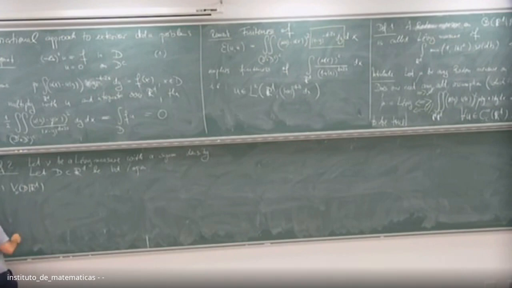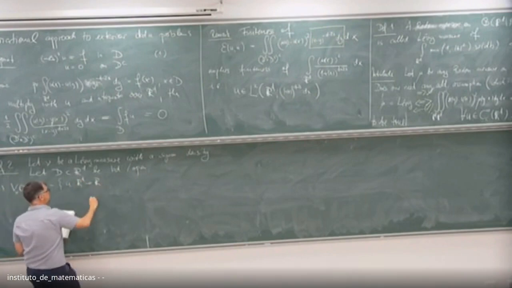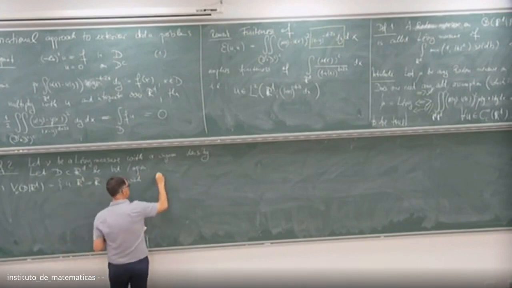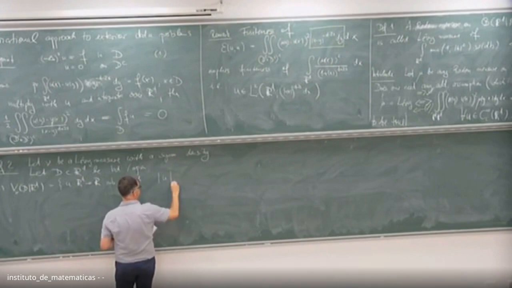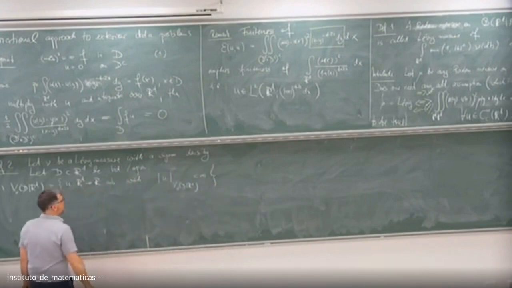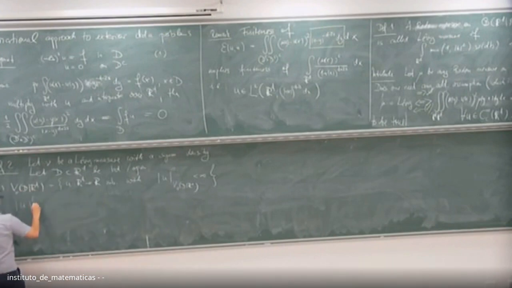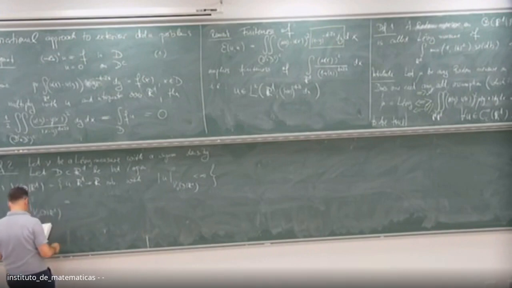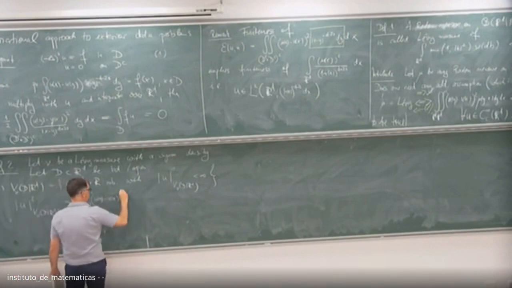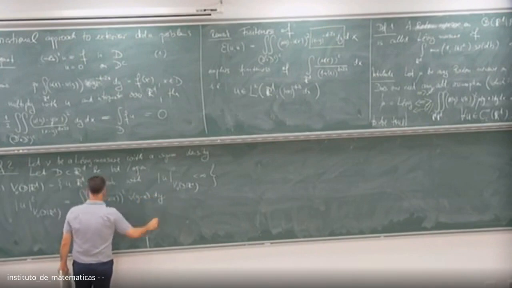So V nu D R^d is the space of all functions u from R^d to R, measurable, with finite semi-norm, where I will define the semi-norm in a way which by now should not be surprising. It is just dx.